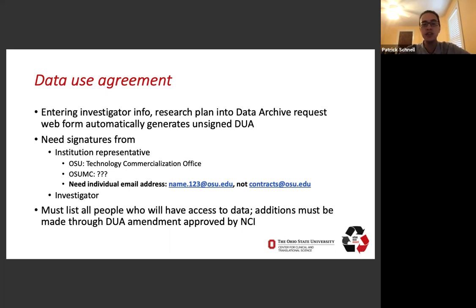You do have to list everyone that will have access to the data, so later additions have to be made through a DUA amendment approved by the NCI. It's not like, if you have a study with OSU data and you need to add somebody, often you can just do a quick form submission in Buck IRB to add them to the IRB protocol, and it goes through fairly quickly.